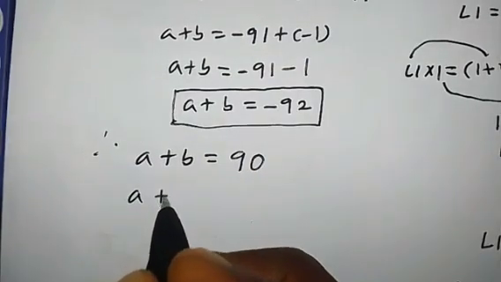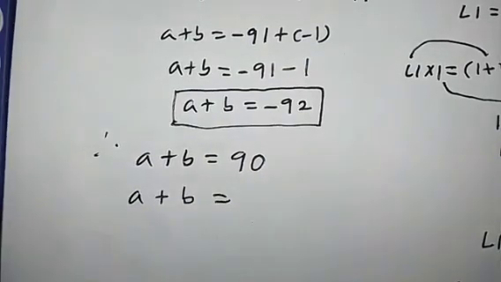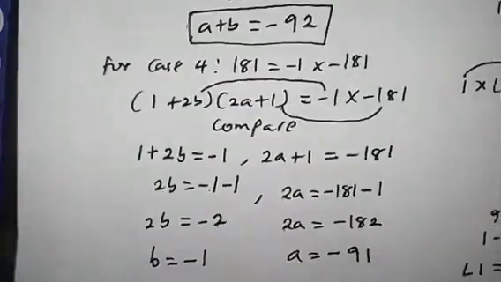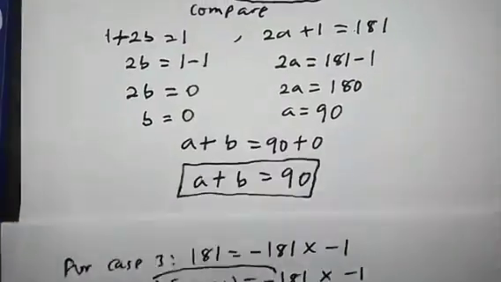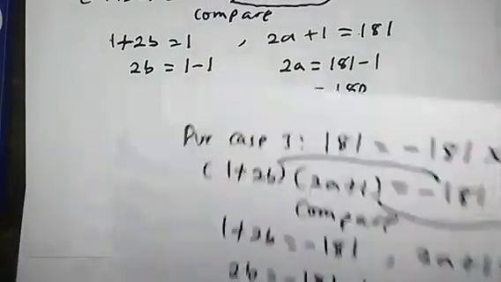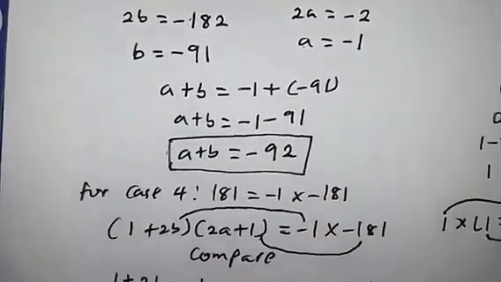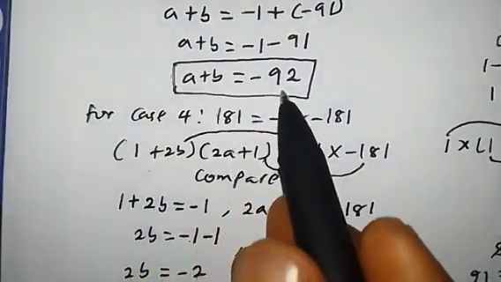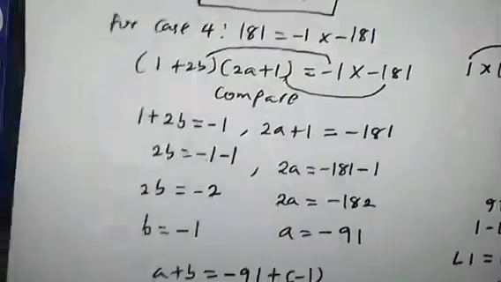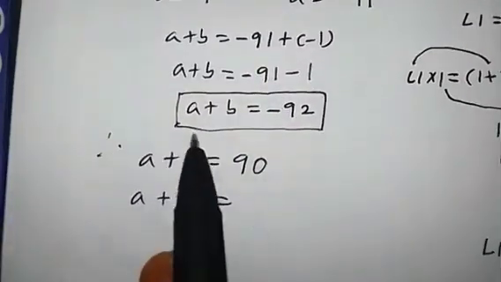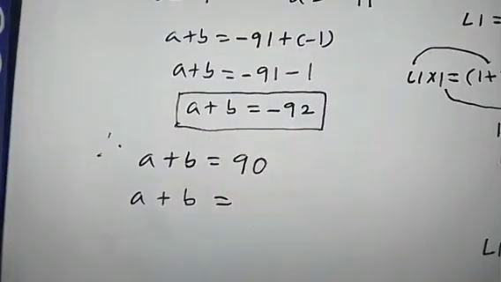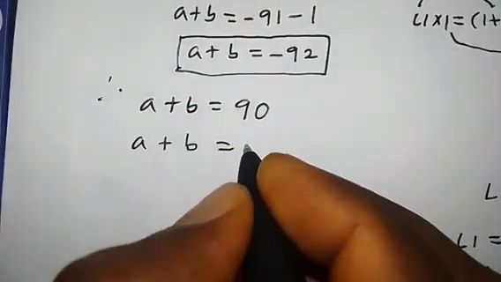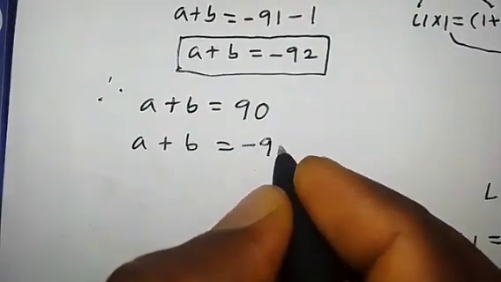Also, let us check the third case. Third case, we got a plus b to be equal to minus 92. And also in the fourth case, a plus b equals minus 92. So we have a plus b to be equal to minus 92.